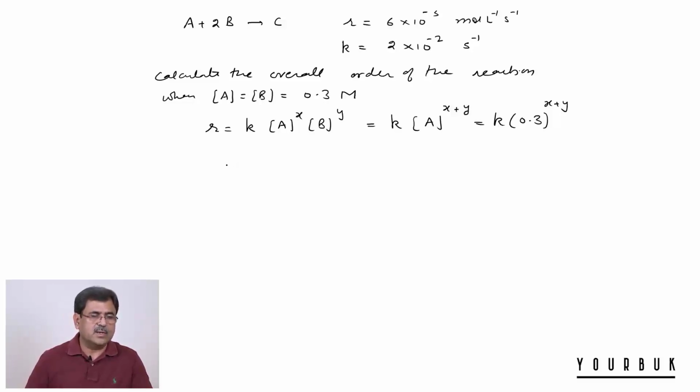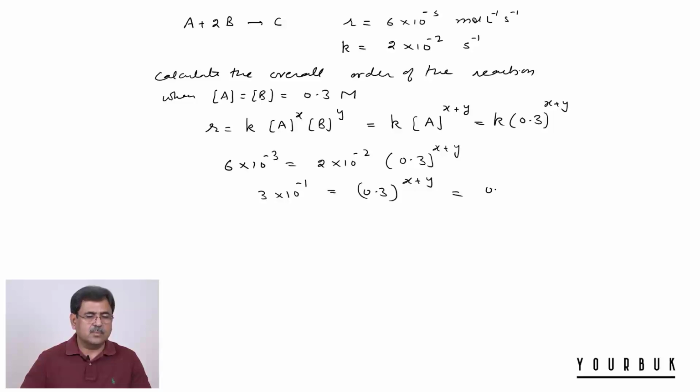Now in this case, R is equal to 6 into 10 raised to power minus 3, which is equal to 2 into 10 raised to power minus 2 into 0.3 raised to power X plus Y. So this is 3 into 10 raised to power minus 1 equal to 0.3 raised to power X plus Y, and this is equal to 0.3.